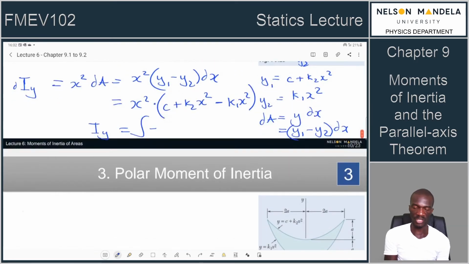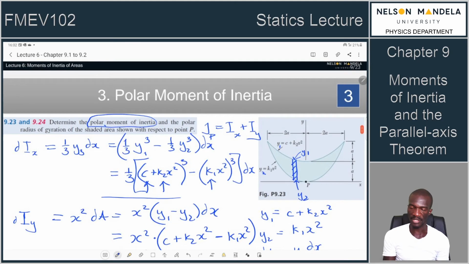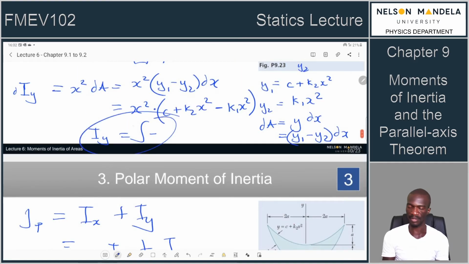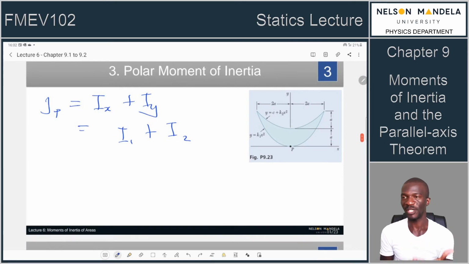Which means your J about P is now your Ix plus your Iy. What is your Ix? It's an integral of this equation. And then what is your Iy? So let's just say integral 1, and then plus I2, which is this integral. Right, so that sums up your calculation of a moment of inertia.